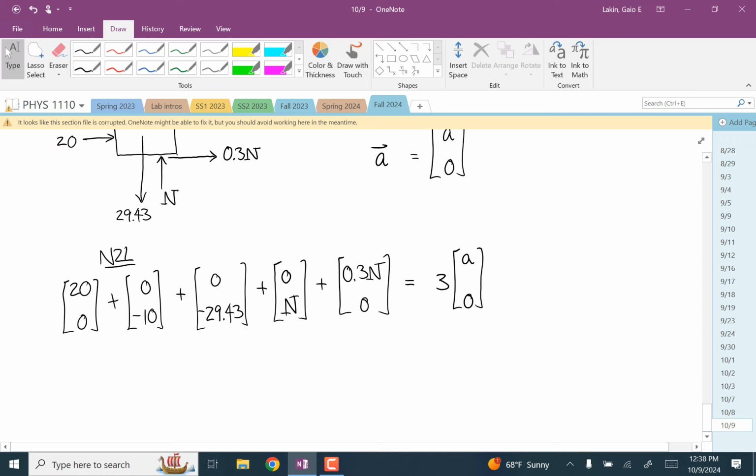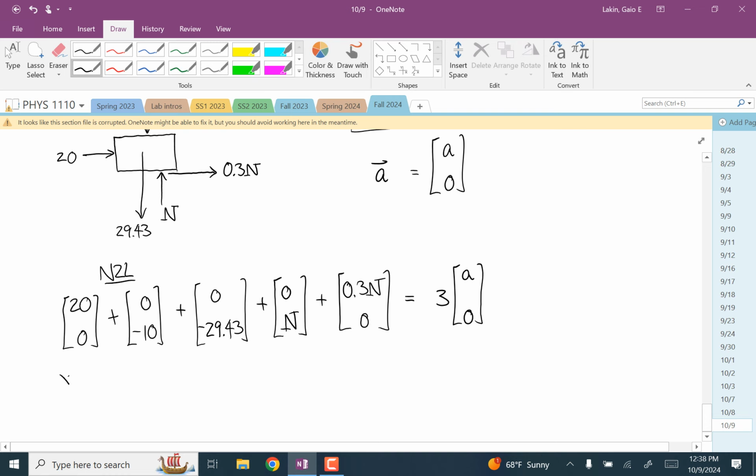And now I'll break it up into X and Y parts. The X equation says 20 plus 0.3N is equal to 3A.